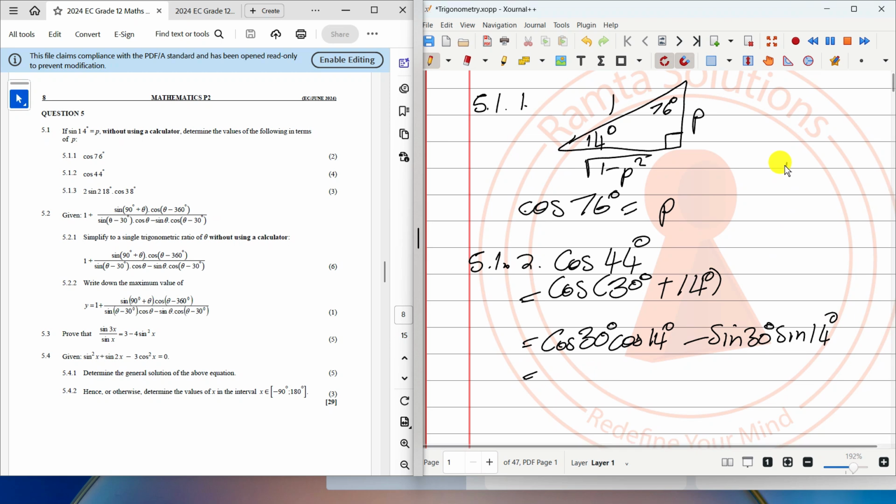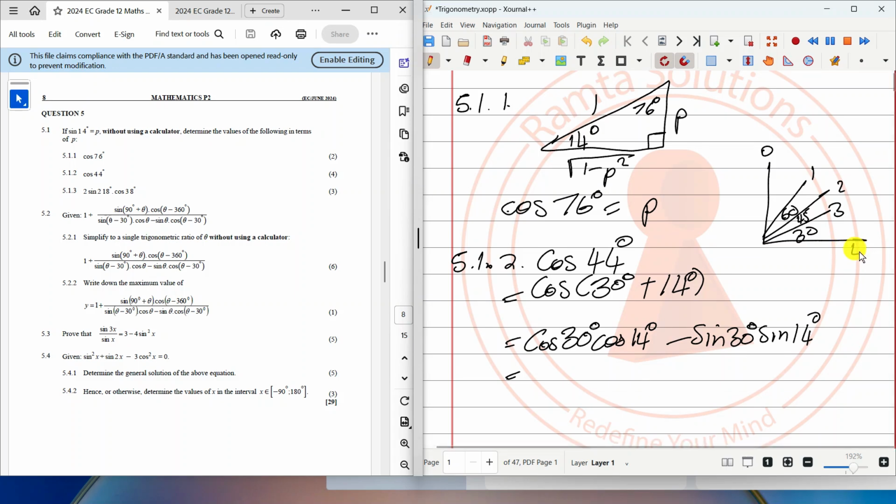We know, if you use this diagram here, where this is 30, this is 45, and this is 60, with 0, 1, 2, 3, 4 and 0, 1, 2, 3, 4, cos 30 will be root 3 over 2.